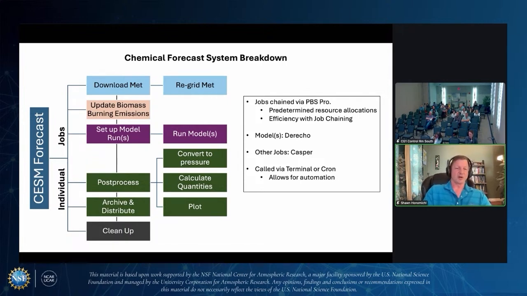And then all the post-processing is done after that, where we convert to pressure, calculate any additional quantities that we need for our forecast, and do all of the plotting. And then all that information is archived and distributed as needed. We distribute to several different locations and plot a few different things, which I'll show here soon. And then there's a cleanup process that keeps everything nice and clean, since we run this on a scratch space.